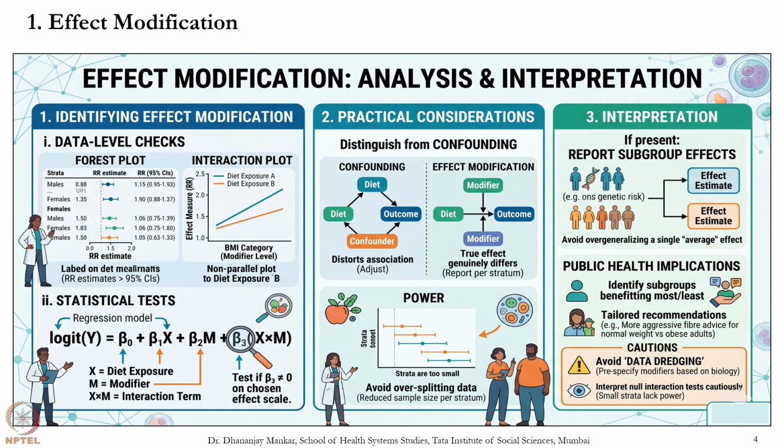There are public health implications, identifying subgroups benefiting most or tailored recommendations. Example, more aggressive fiber advice for normal weight versus obese adults. Cautions: avoid data dredging, pre-specify modifiers based on biology, and interpret a null interaction test cautiously. Small strata lack power.